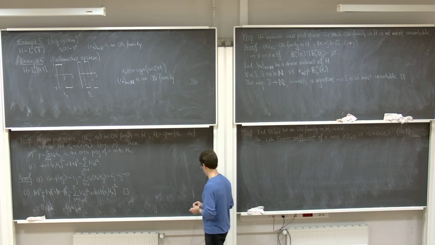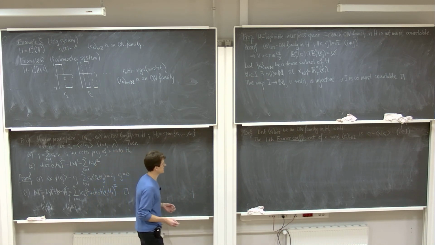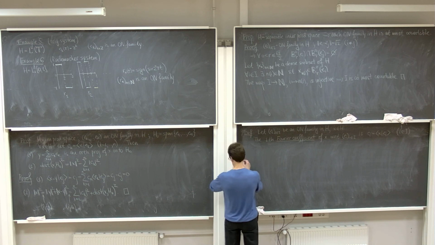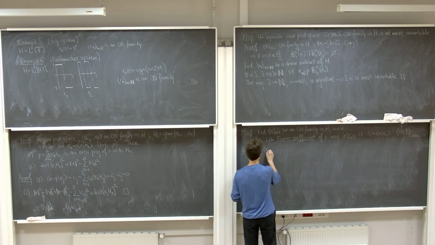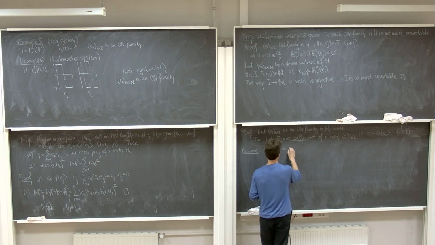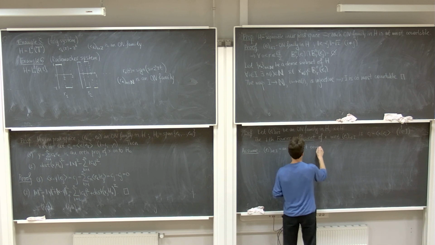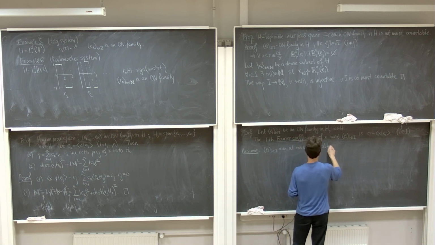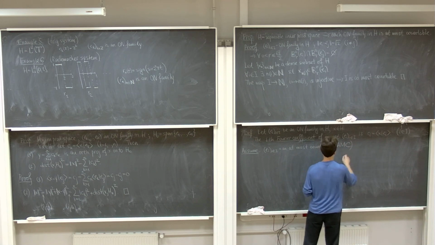So, as I said before, we will be mostly interested in separable Hilbert spaces. So from now on, we assume that Ei is an at most countable, and we abbreviate this as follows.